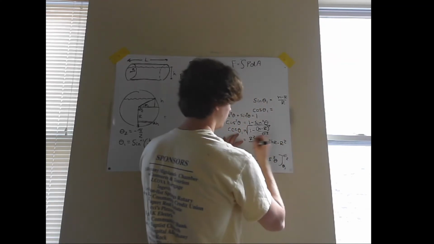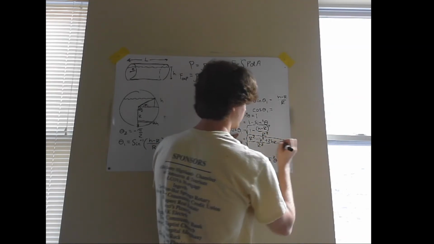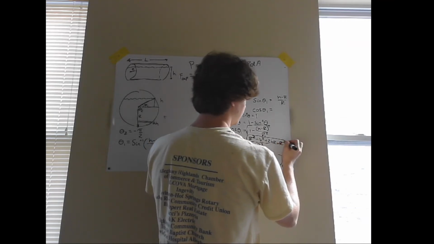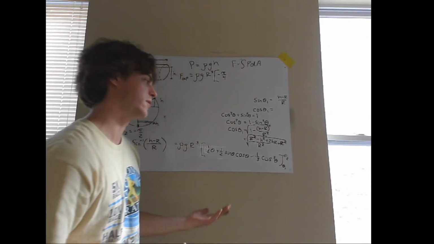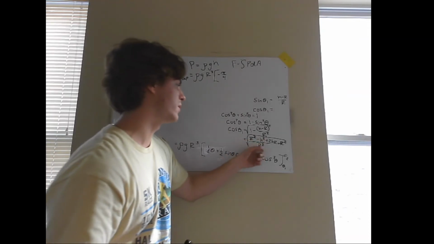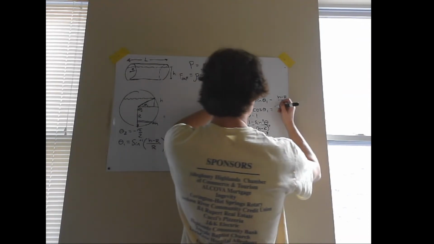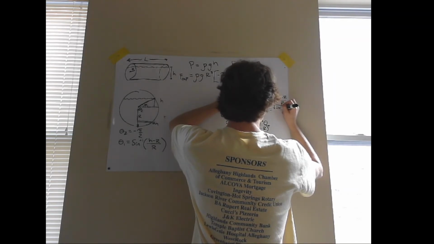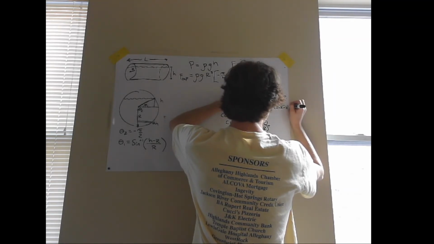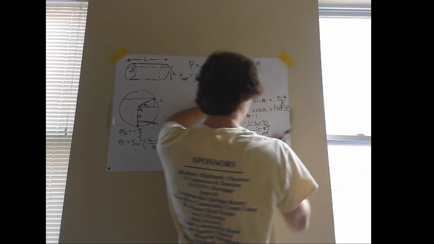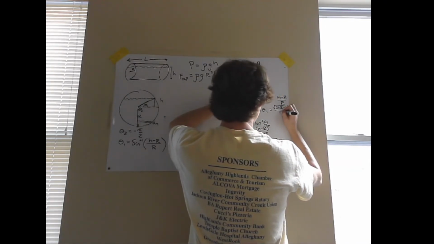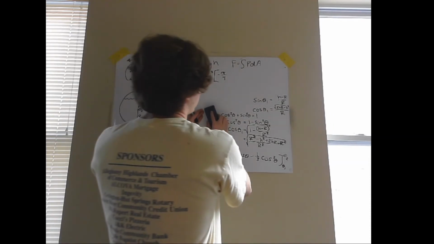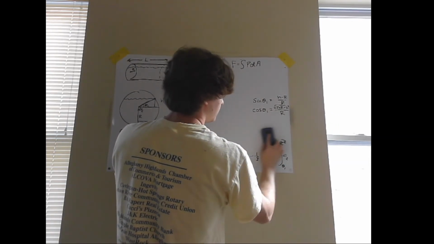This is all under a square root. So these terms are going to cancel out. r squared minus r squared is just 0. And we're left with this. So cosine is going to be the square root of 2hr minus h squared over the square root of r squared, which is just r.